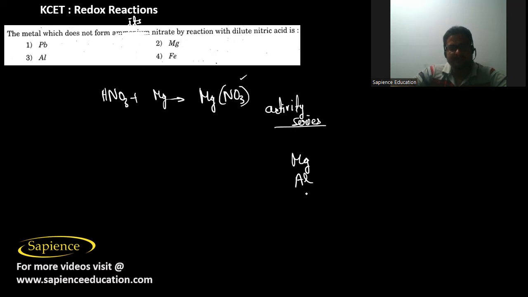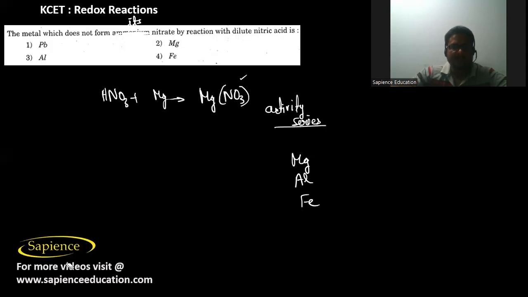So we know that Mg, Al and Fe are above hydrogen. Then lead is also above hydrogen, but here lead is only just above hydrogen.